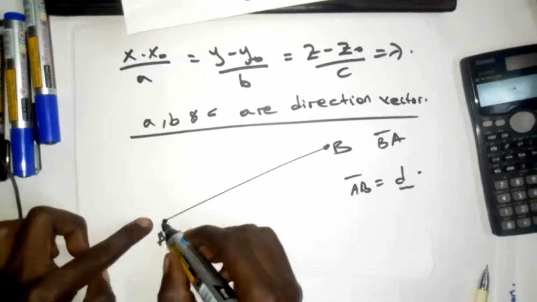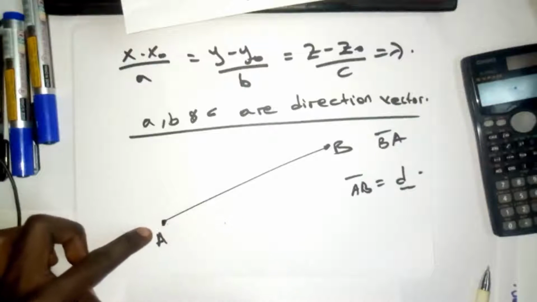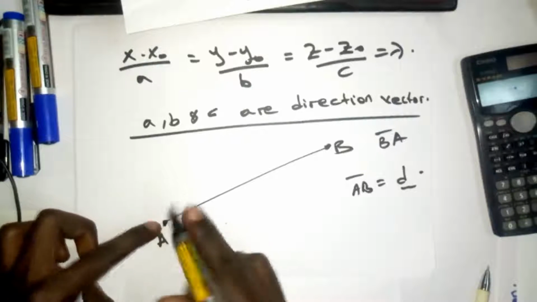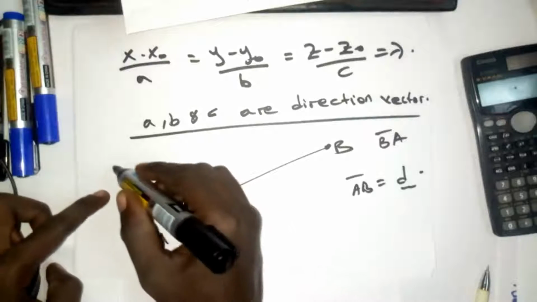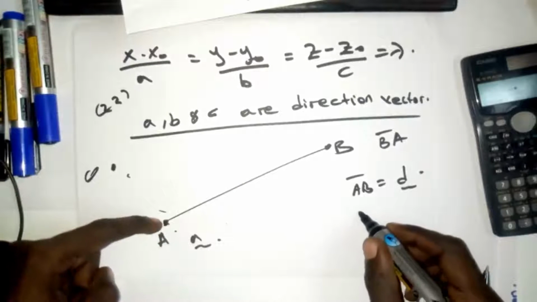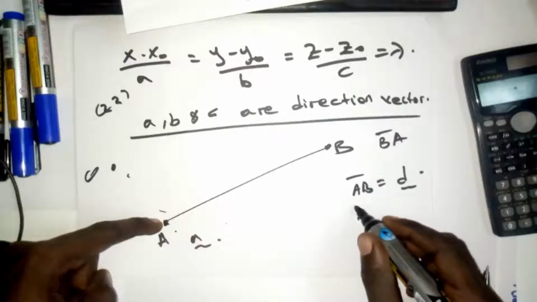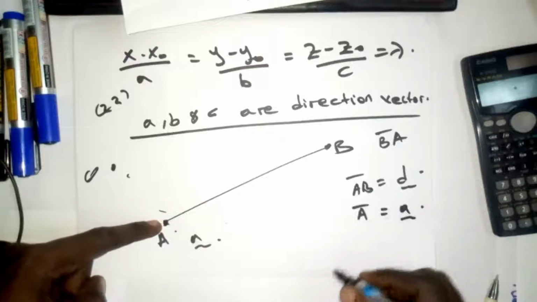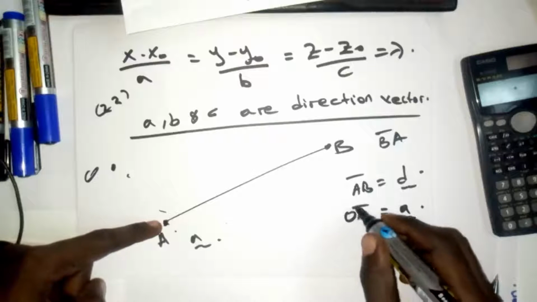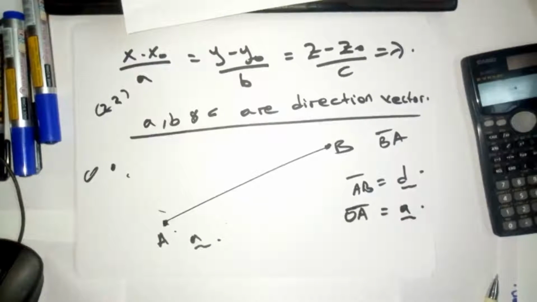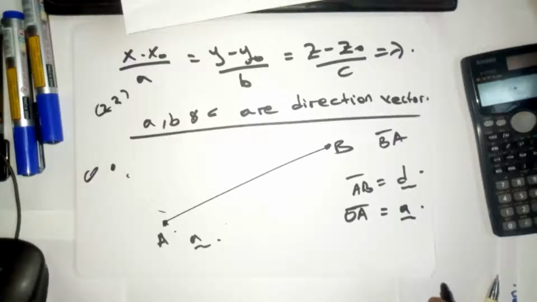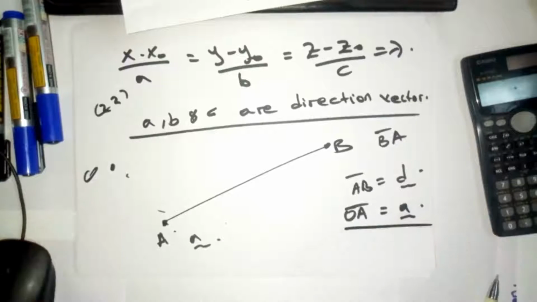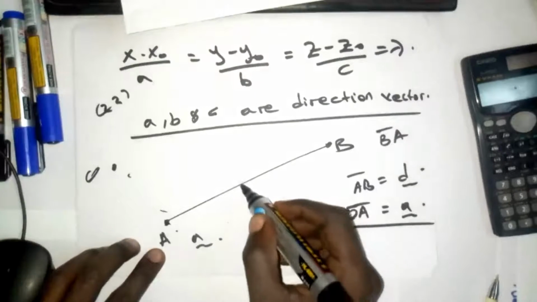Then A is a point on the line. So this point here on the line, remember it has some origin. The vector OA is going to give us a. Hope that is clear for all of you. And we write the vector equation to get any point here.